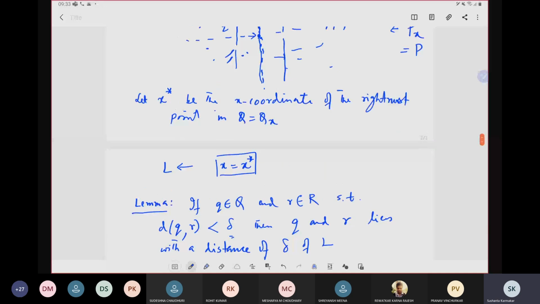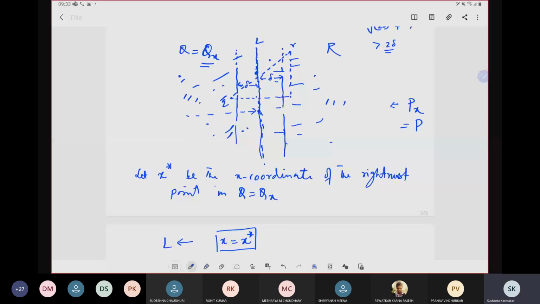Okay. So it may so happen that, what does that mean? Their x separation and y separation should be such that their Euclidean distance is actually smaller than delta. Then only will we consider them as a potential pair. So the main thing is that we need not search this entire space for such a small q, r pair.